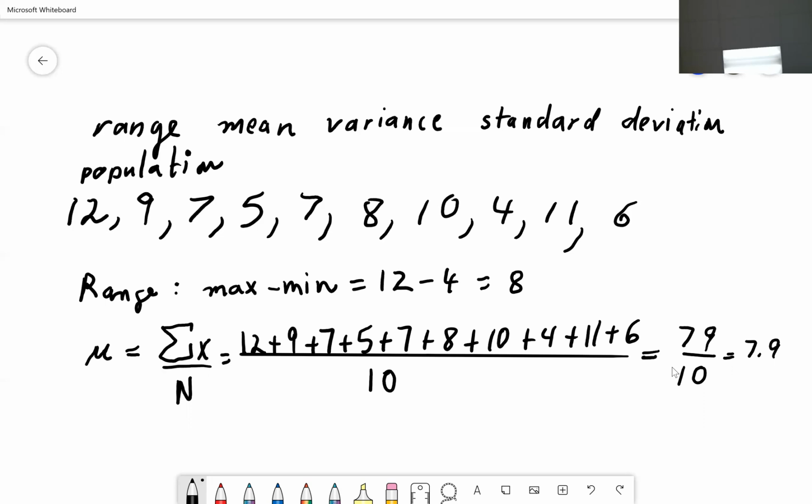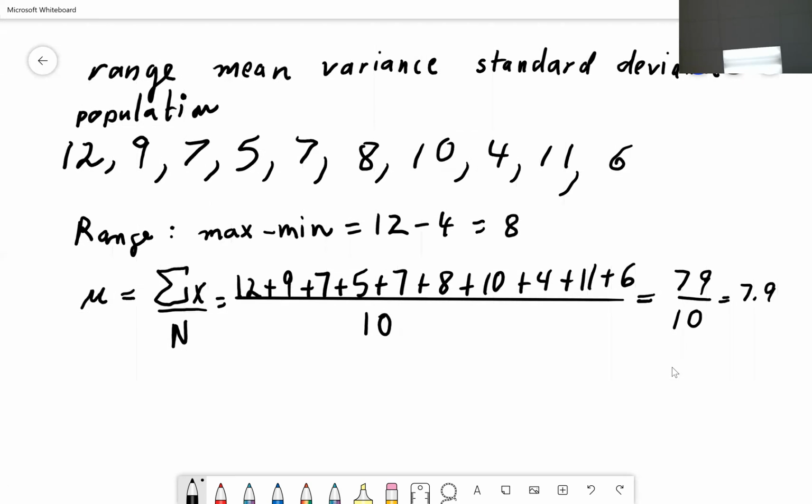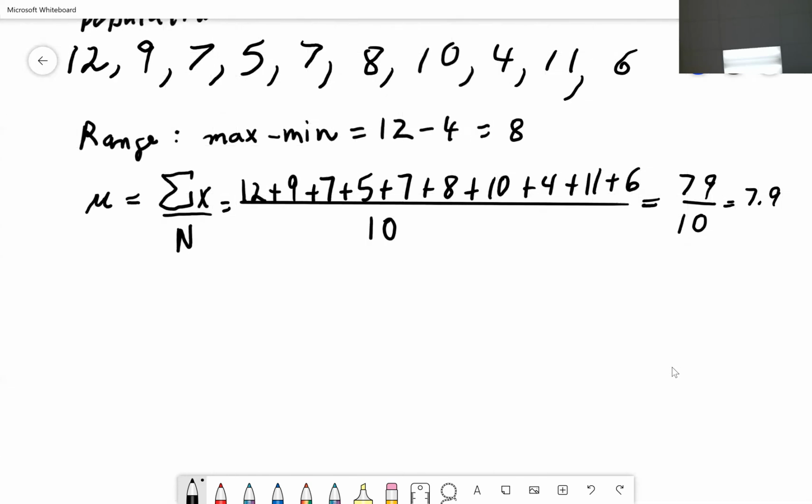So now we're going to compute the variance. So the formula for the population variance, remember, this here's a population mean. This is going to be the population variance.